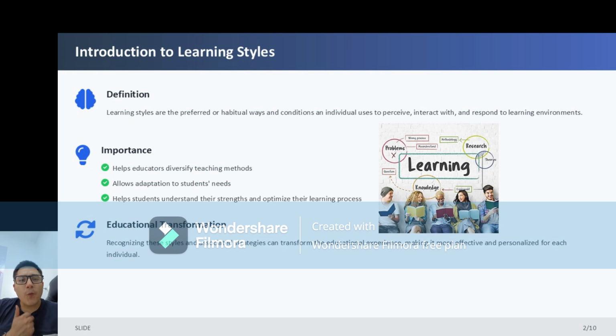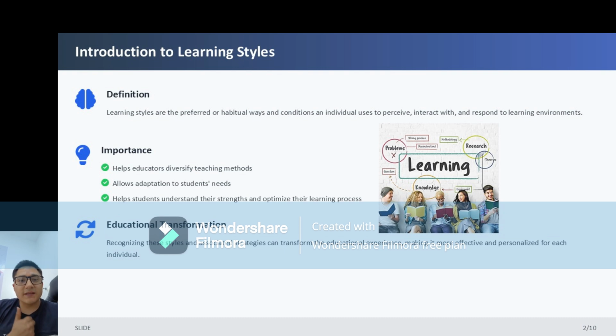Importance. Why is it important? Learning styles have a threefold impact. For educators, they help diversify teaching methods and allow for better adaptation to student needs. For students, they help them understand their own strengths and, crucially, optimize their learning process.